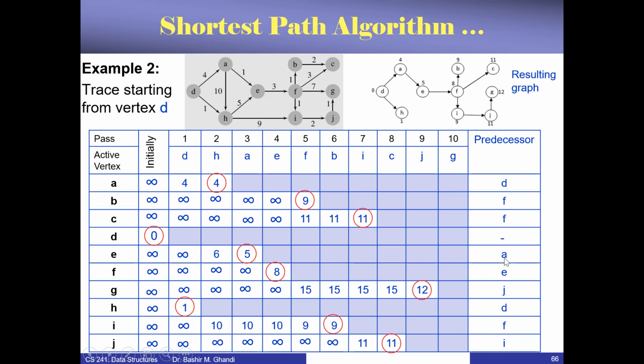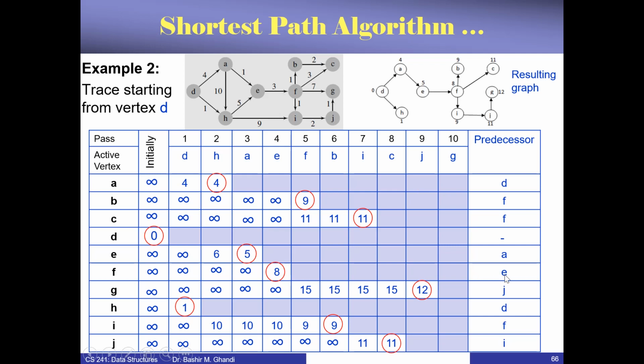Then there is an edge, AE, and the cost of reaching E was 5. So you have to attach it to E, not to the edge, but to the vertex.